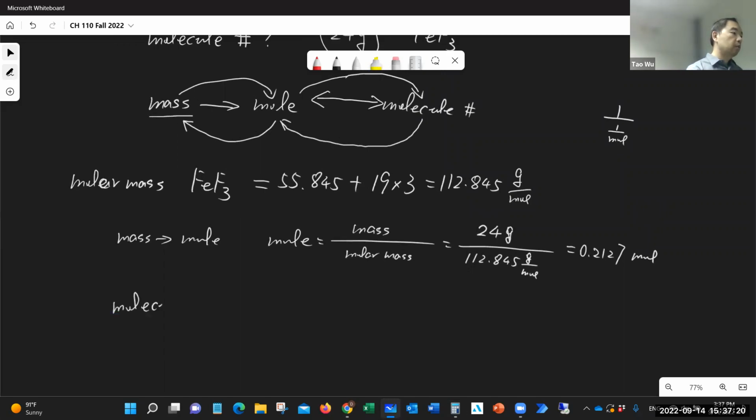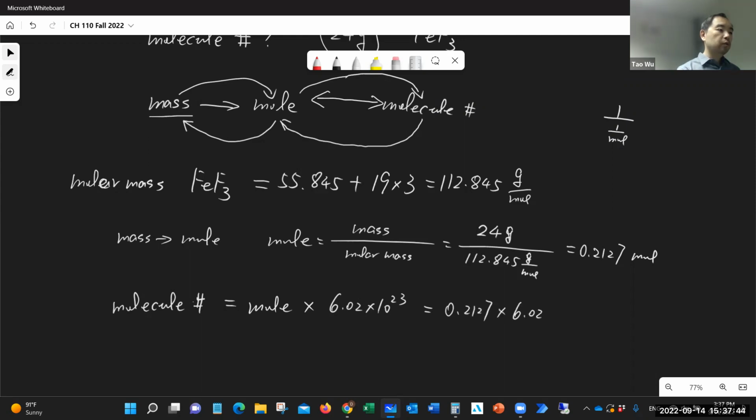The molecule number is just equal to moles times 6.02 times 10 to the 23rd. So you have 0.2127 times 6.02 times 10 to the 23rd.